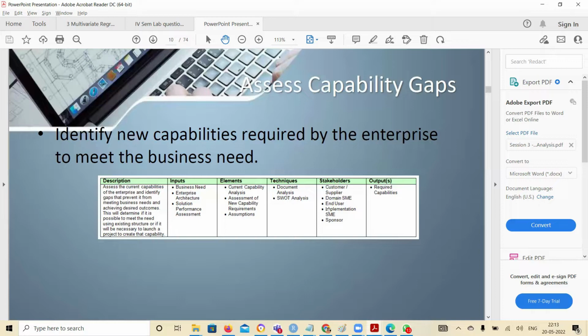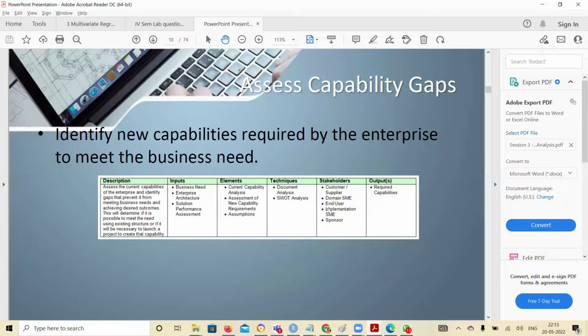So techniques here, we talk about document analysis. What is document analysis? Document analysis is verifying the existing documents that you have, and that will tell you what you have currently, or what your capability is, right? Let's say you already have a system in place and you want to understand more about the system, what will you do?